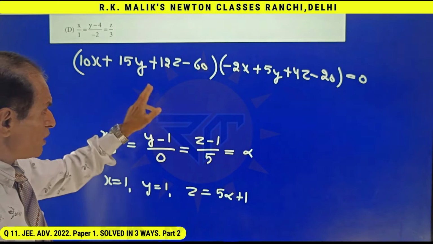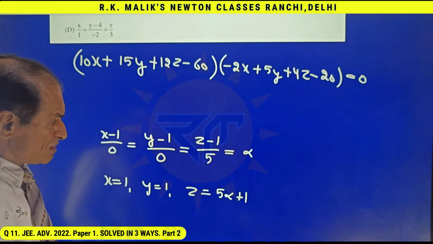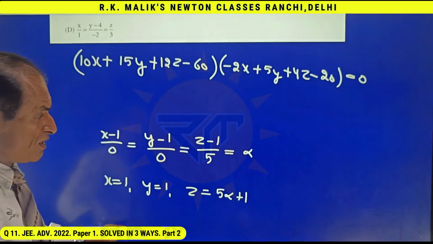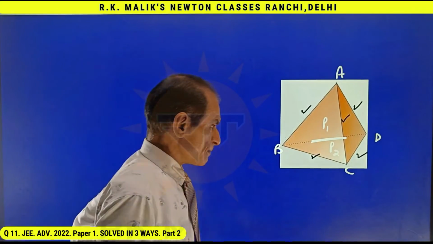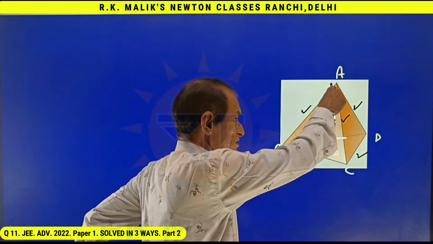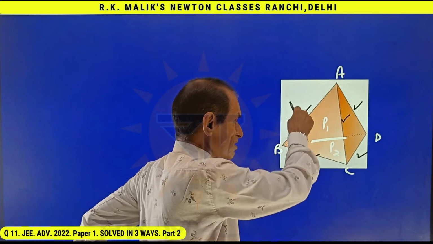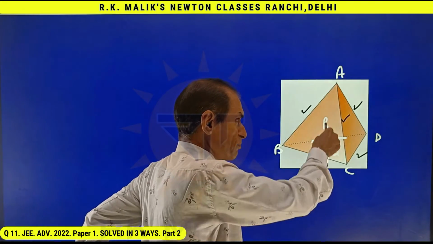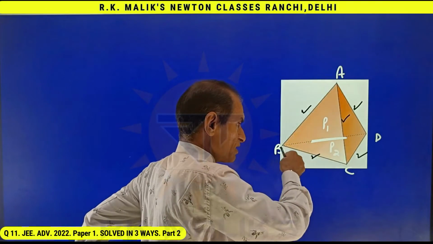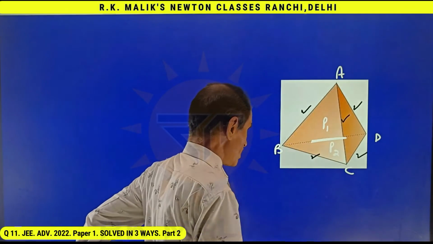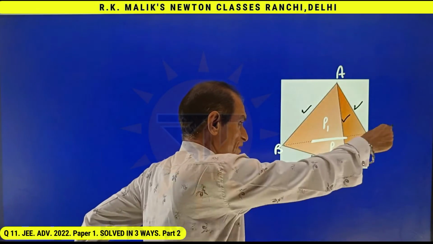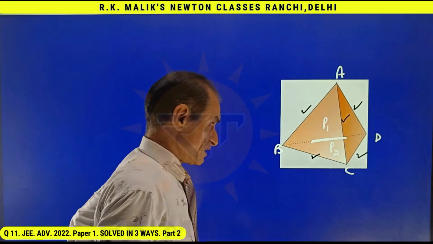If both parts give the same value of alpha, it will mean that this line cuts these two planes at the same point, that is, this line is cutting the line BD. That is, this line will be passing through the edge BD.